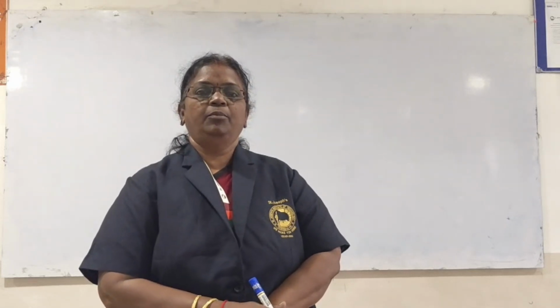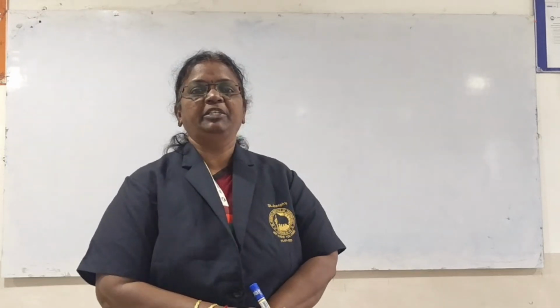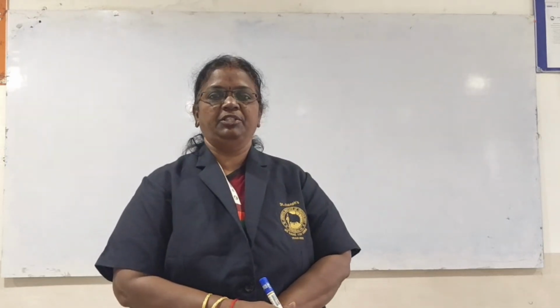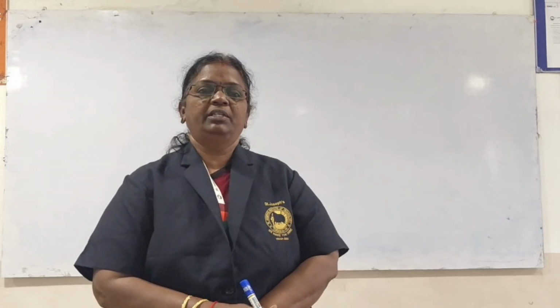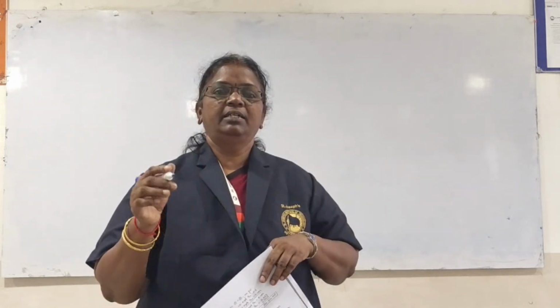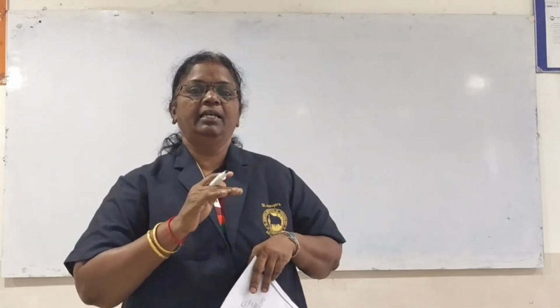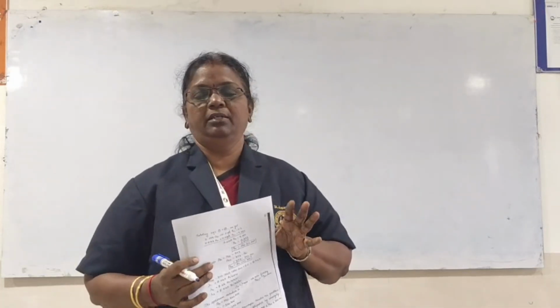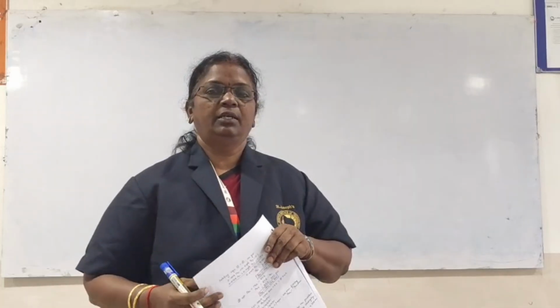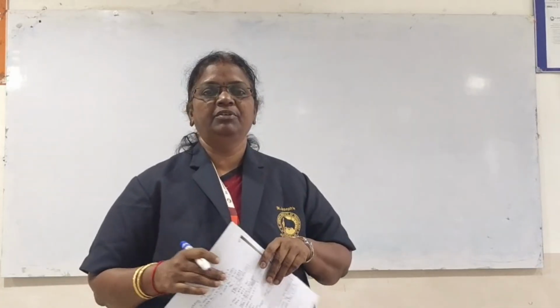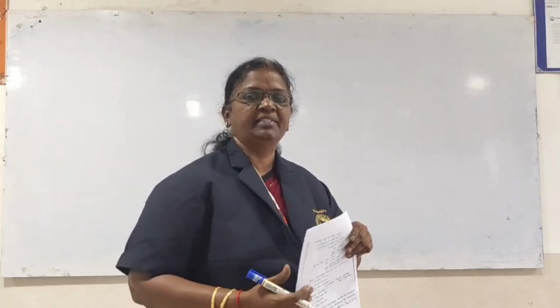So today I'm going to take the economic dispatch problem using the lambda iteration method. I'll start with the basic problem, then I'll take all the possible types, the lambda iteration method without the losses. Let me start.